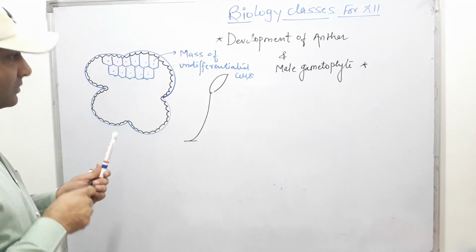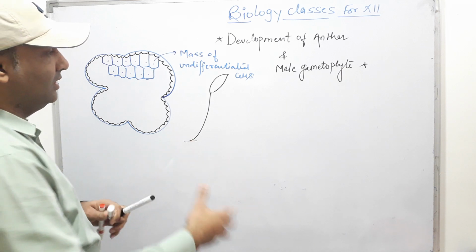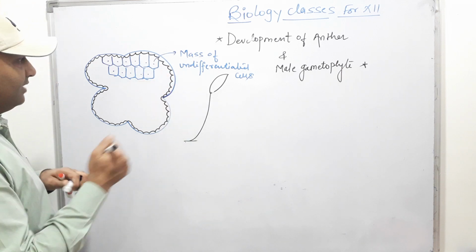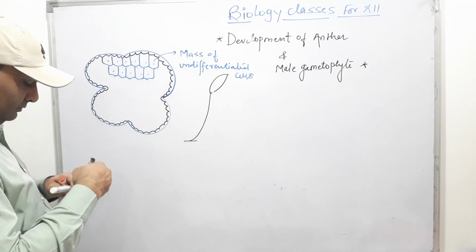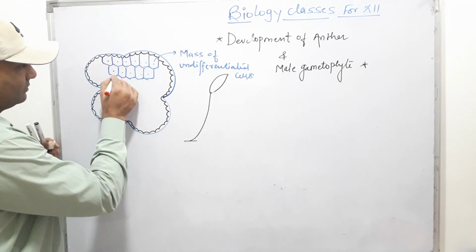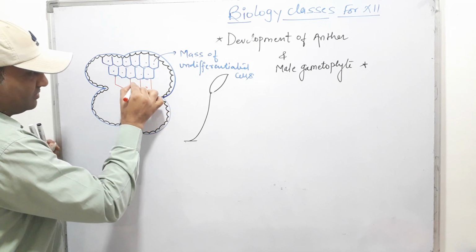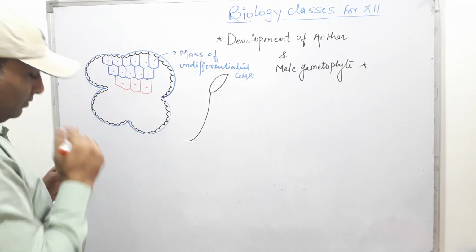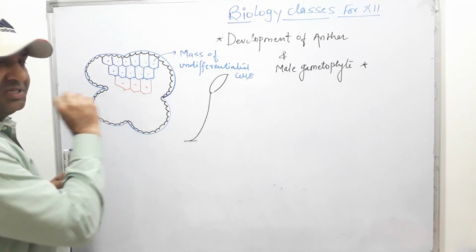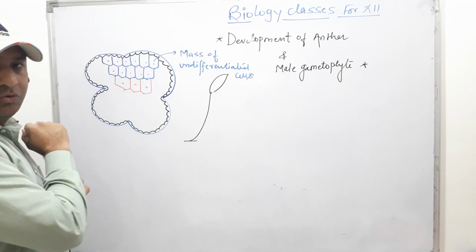Now, among the mass of undifferentiated cells, among the meristematic cells, a few cells are larger in size and contain dense cytoplasm. Two characteristics of these specific cells: larger in size and dense cytoplasm.